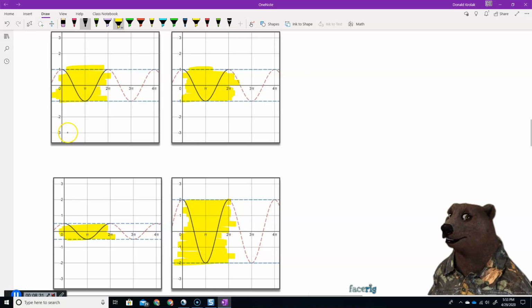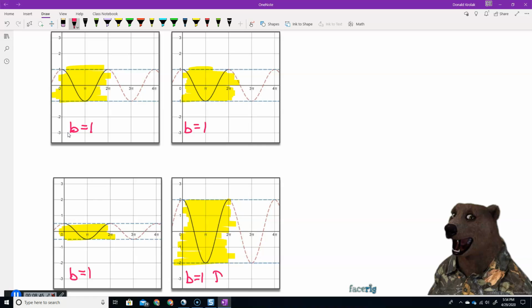So what that tells us is the frequency for all of these is 1, which means the period for all of these is 2 pi. Every 2 pi units, this graph is going to repeat its cycle.